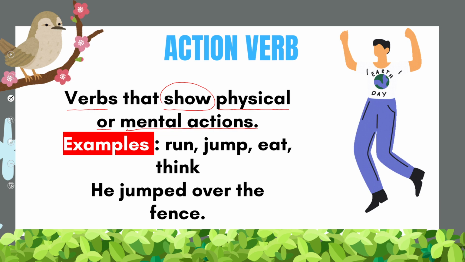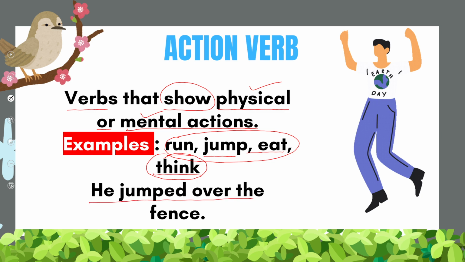Some of them can be seen with your eyes and some are just felt, like mental actions. For example, run, jump, eat, think, all these are action verbs. These three are our physical actions and to think or thinking is our mental action.